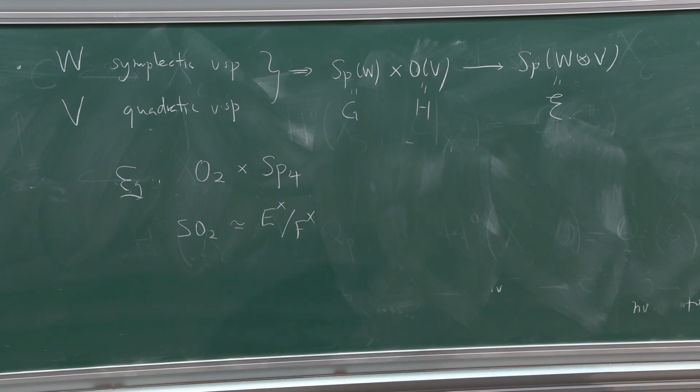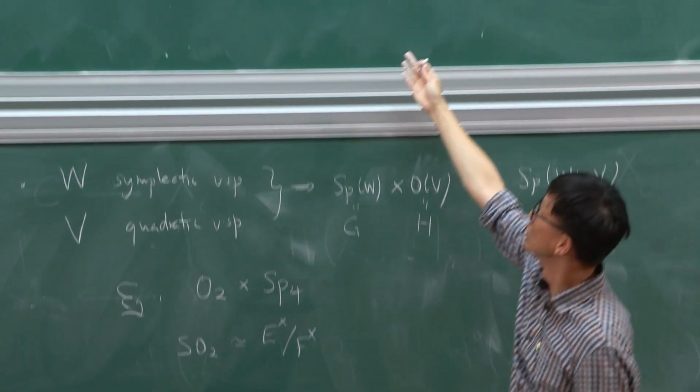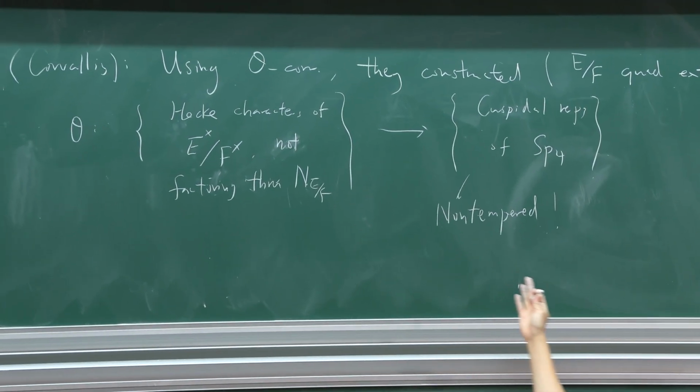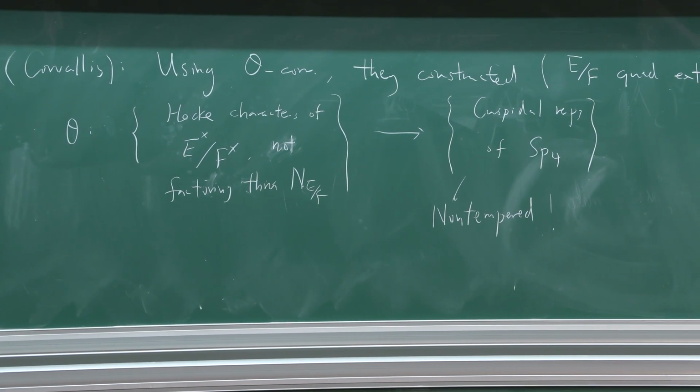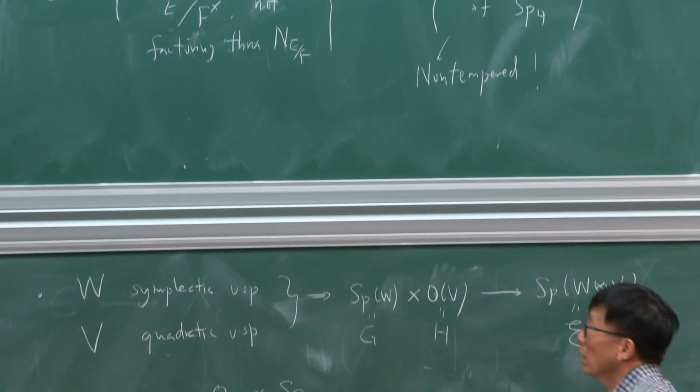So you see where the Howe-PS example is coming from. Over there they are working with O2, over here with SP4. So that is the pair of groups.